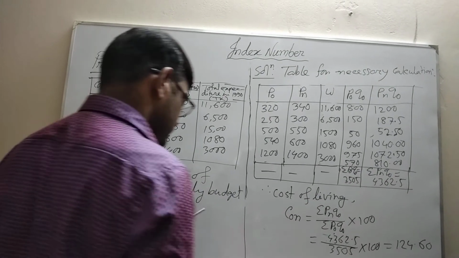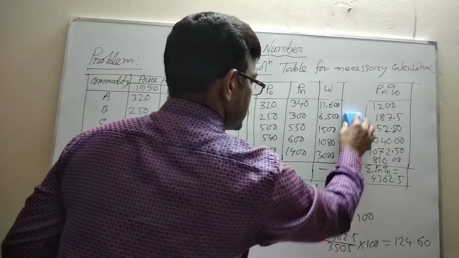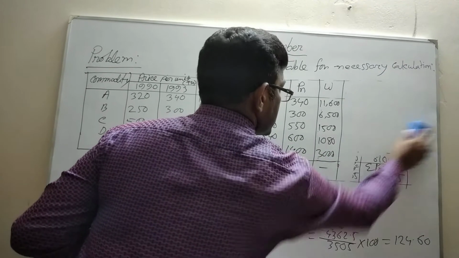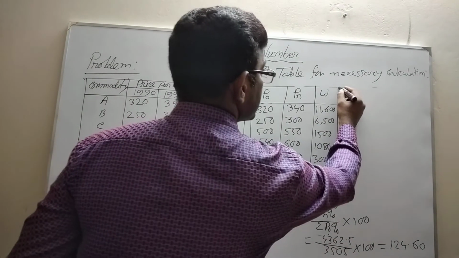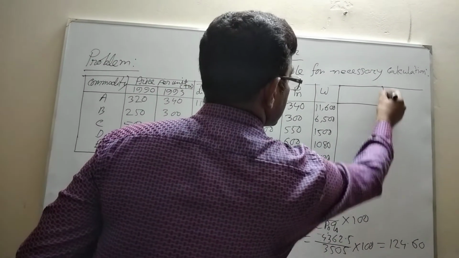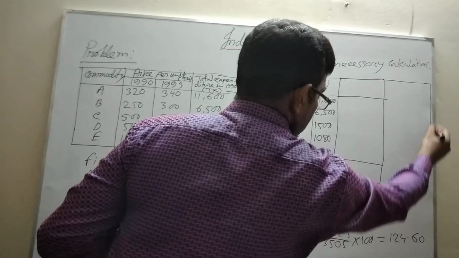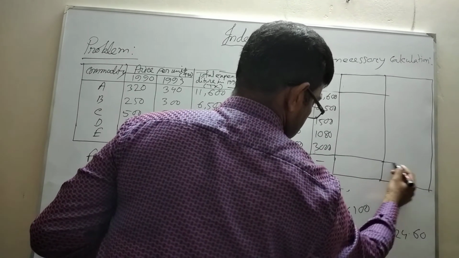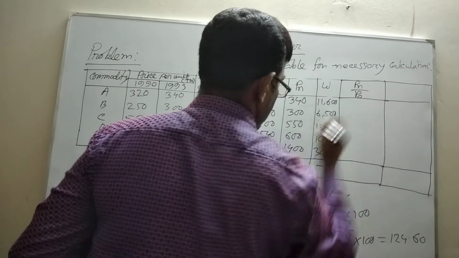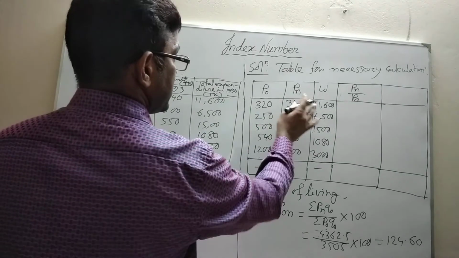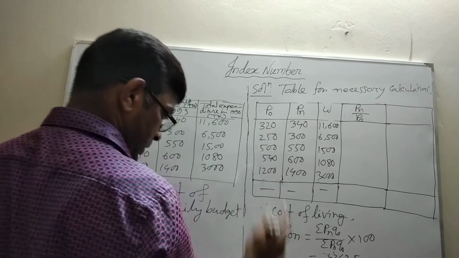Now we can calculate Pn by Po. Finally, Pn by Po equals 340 divided by 320.